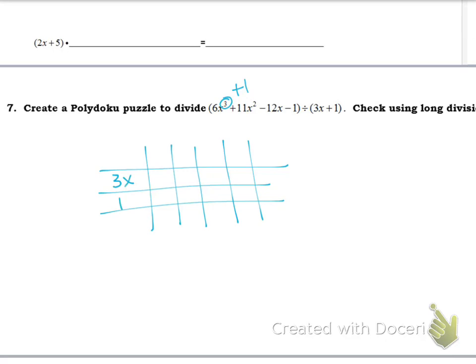And then I'm going to put my first one in its box. I know I need to add these to get my next one, 11x squared. I need to add my next set here to get negative 12x. And I need to add my next set to get negative 1.